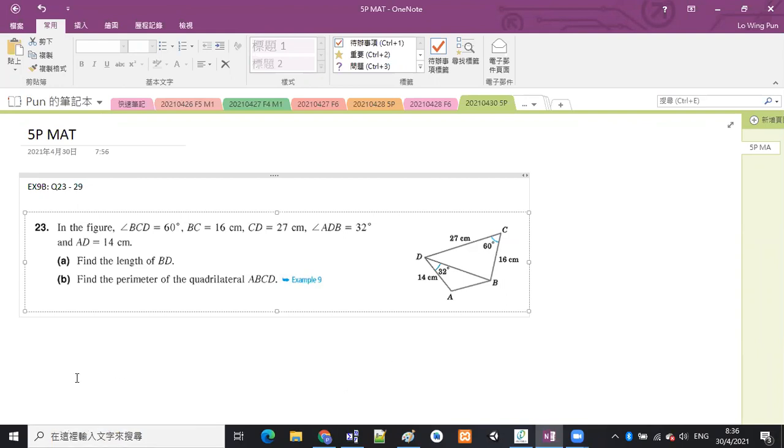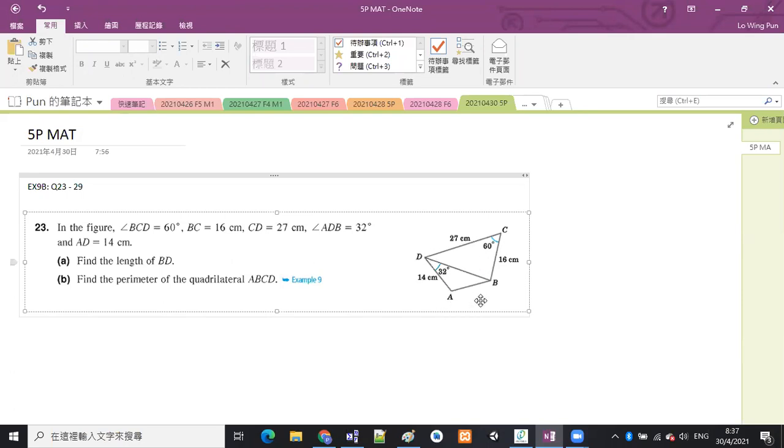So 23, in the figure, angle BCD is 60 degrees, BC is 16 cm, and so on. Find the length of BD, okay? BD is the common side of triangle ABD and triangle CBD, okay? And then we need to find in which triangle we have more information, okay?